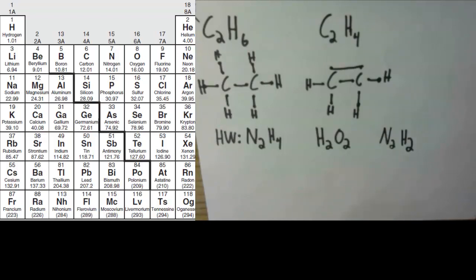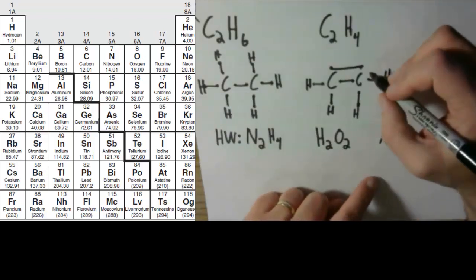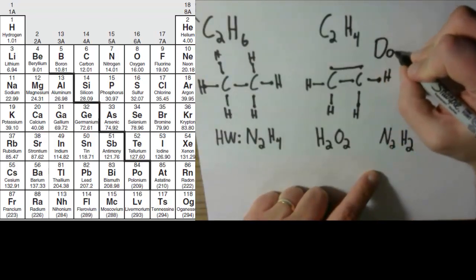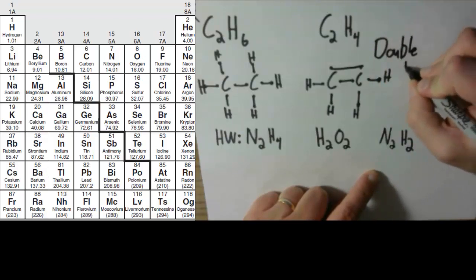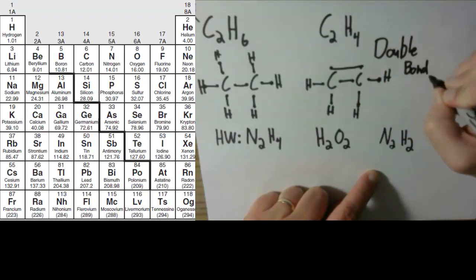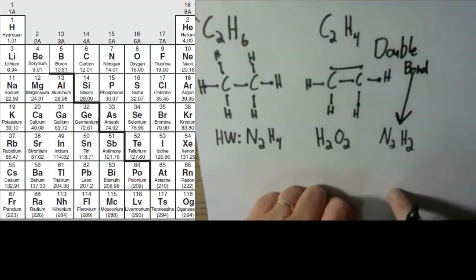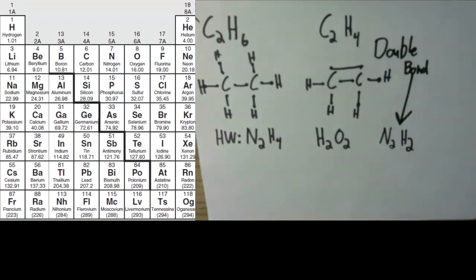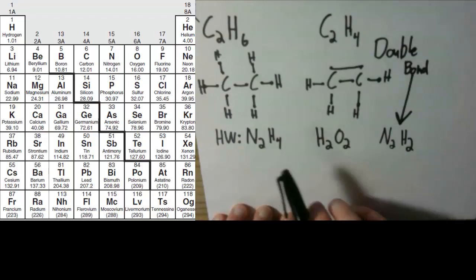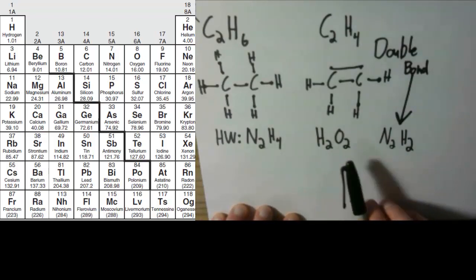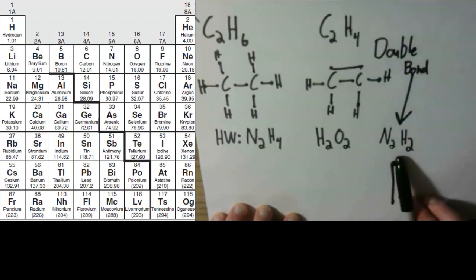Now, I'm going to tell you right now, this double bond here that we just made is used in one of the examples. That one right there. So, your assignment for today and tomorrow is to draw these 3 pictures. You're going to draw N2H4, H2O2, and N2H2.